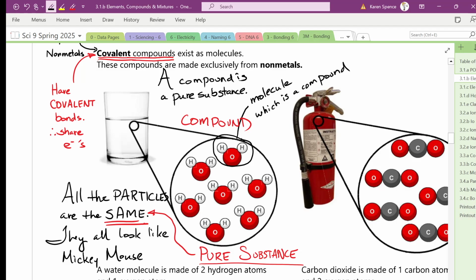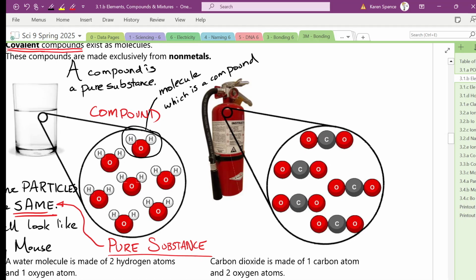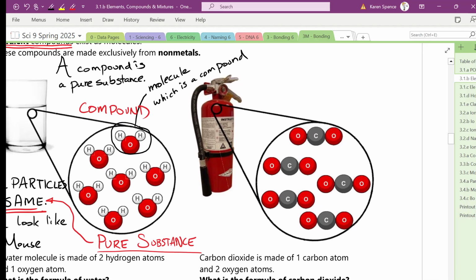So this unit has a lot of vocabulary, okay? We got atoms and we got molecules, both of which are particles, yeah? And we've got covalent bonds and we got pure substances. Now, how about in our, what do we call these things?